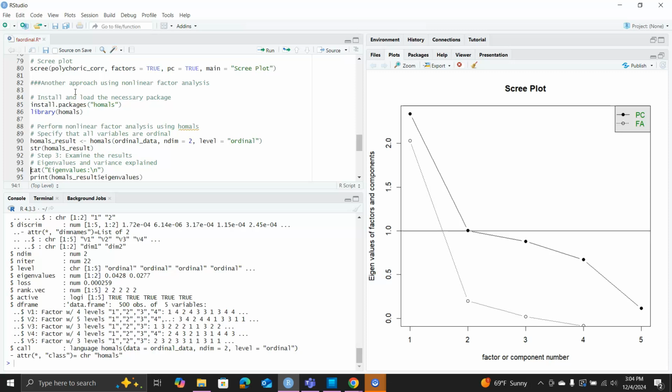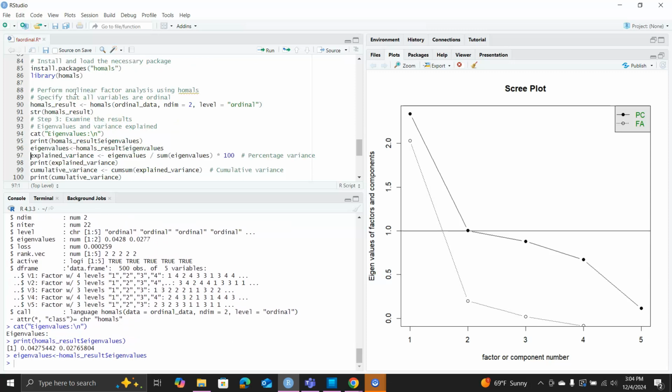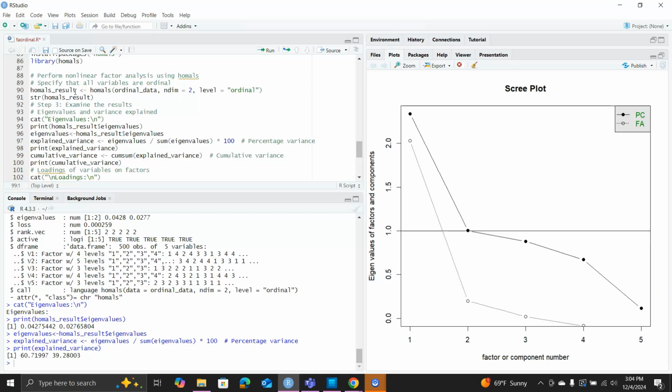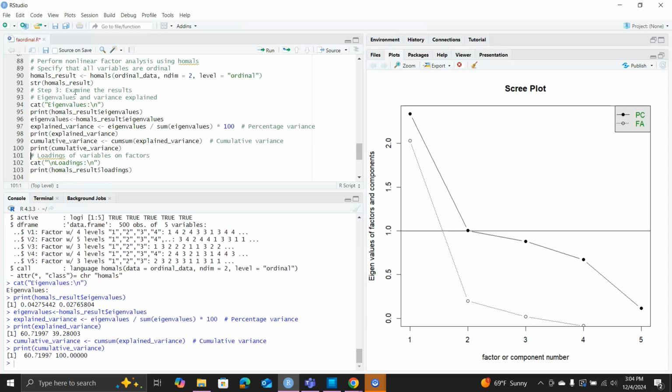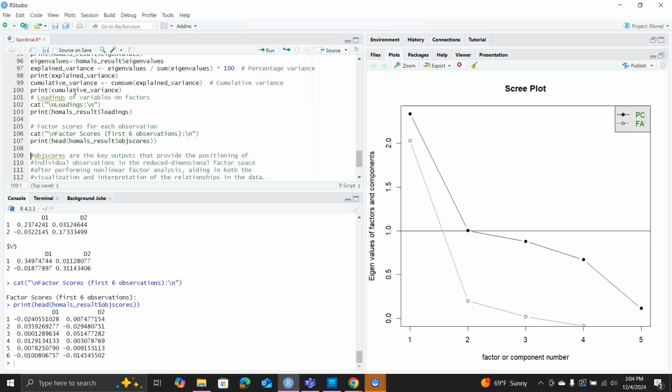So you can extract the eigenvalues, and then you can calculate the explained variability, and the cumulative variability is also explained at like 100%. Okay, and you can calculate the loadings and the factor scores.